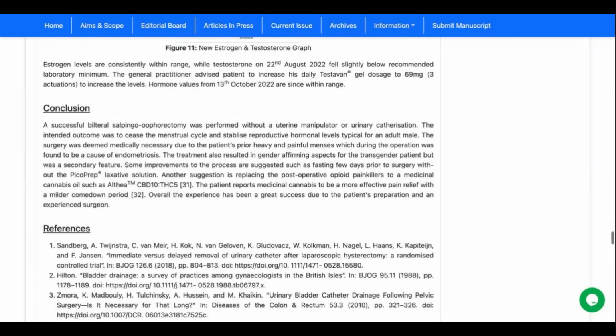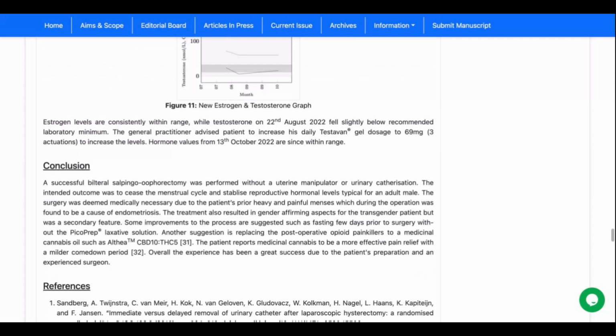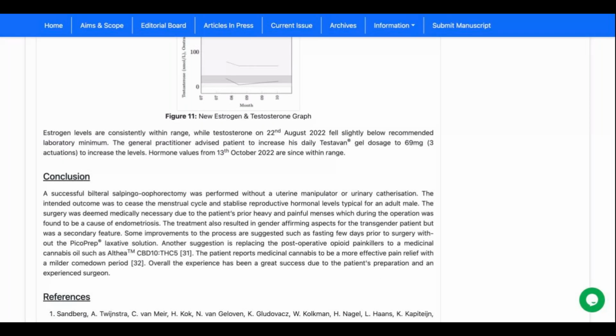Just to finish off, another thing is the medication you give the patient after the surgery. The patient actually preferred medicinal cannabis, as it has the same analgesic effects without the calm-down that opioid-based medications seem to have.